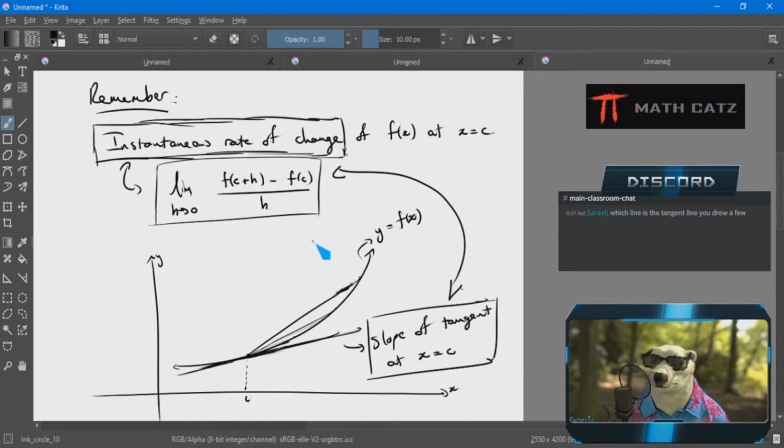Now, people weren't happy with the long phrase instantaneous rate of change of a function. They wanted to give it a new name, a shorter, more catchy name, I guess. Yeah, my tangent line got a little away from me there. I totally admit that. Let me clean this up for you.